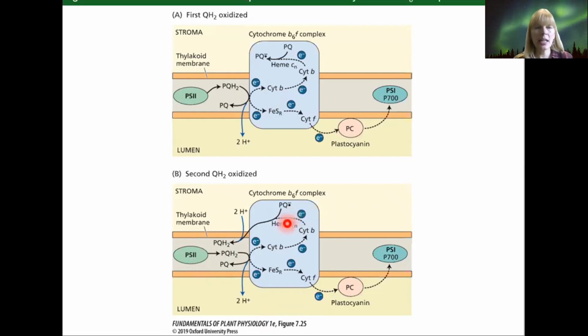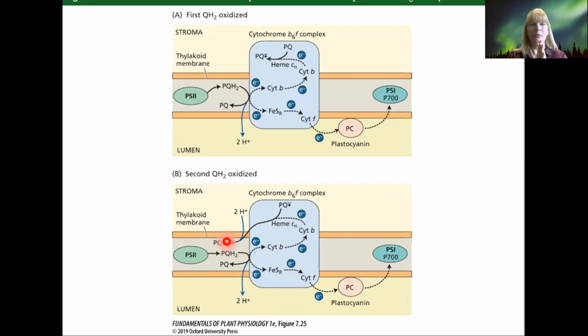So that's good. It's like, yay, I got 2 electrons. Now all I need is 2 protons to be fully chemically satisfied. And so you see the protons being grabbed from the stroma. And then plastohydroquinone is fully reduced and gets released off the B6F complex. So that's the Q cycle.